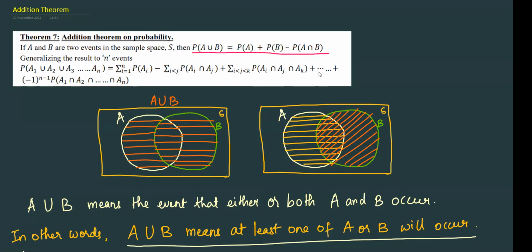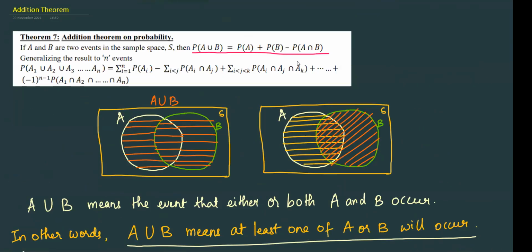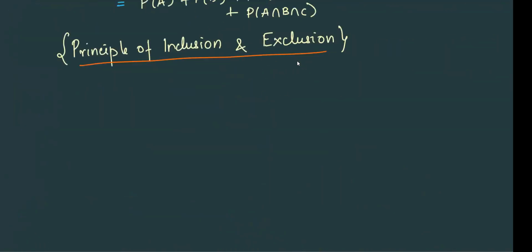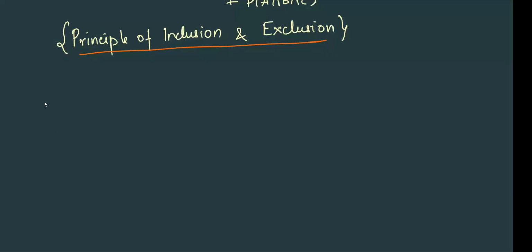Next is minus the probabilities of 4 events occurring together. Like that you do, you get the result. This is the addition theorem of probability, and we have some very useful results with the addition theorem. Very useful theorems, we will just see.